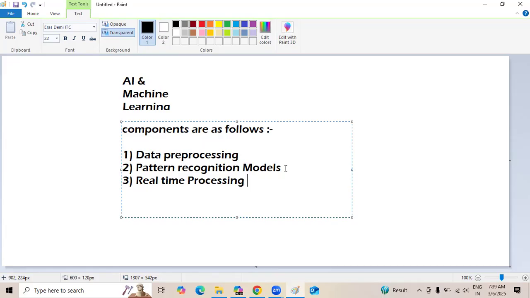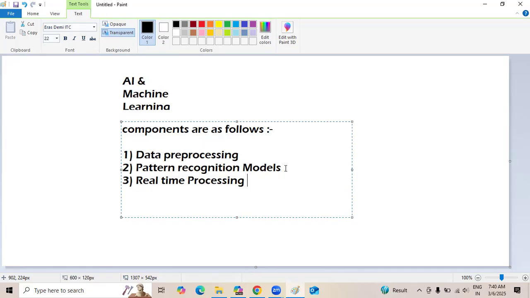Next, we need to determine the required metrics or parameters that contribute to increasing the model accuracy. This is what we call feature engineering. So these are the three major elements under data pre-processing.